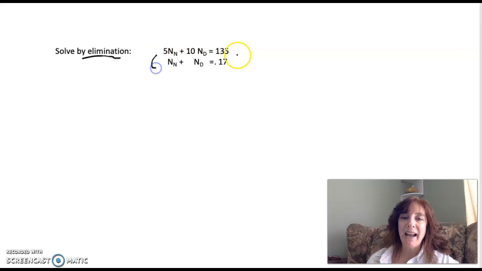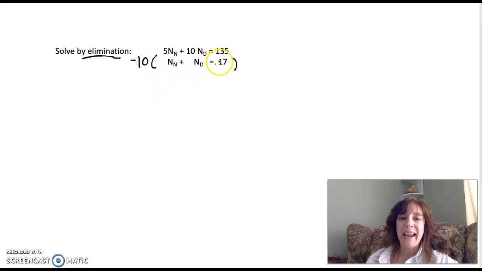If I multiply this whole second equation by a number, I can change the variable coefficient. Which one do we want to eliminate? It does not matter. We can start with n of d. I'm just choosing that randomly. If I want to eliminate n of d, I need it to have the same coefficient 10, but with a negative sign.